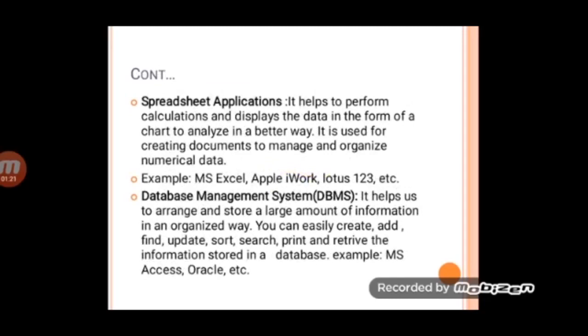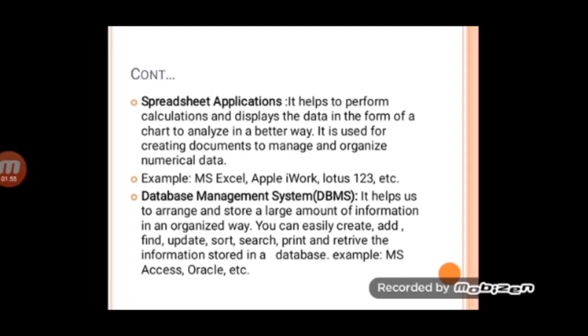Now the spreadsheet application. It helps to perform calculations and display the data in the form of charts to analyze in a better way. It is used for creating a document to manage and organize numeric data. The examples are MS Excel, Apple iWork, Lotus 123, etc. The next is database management system.